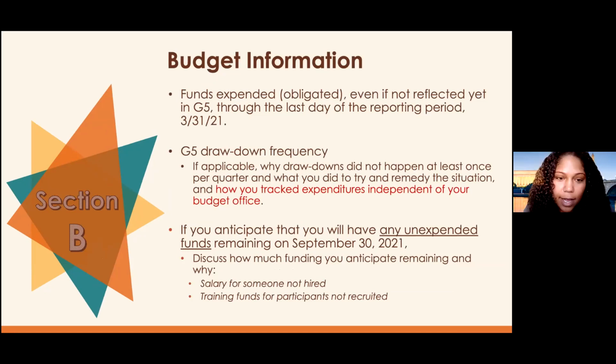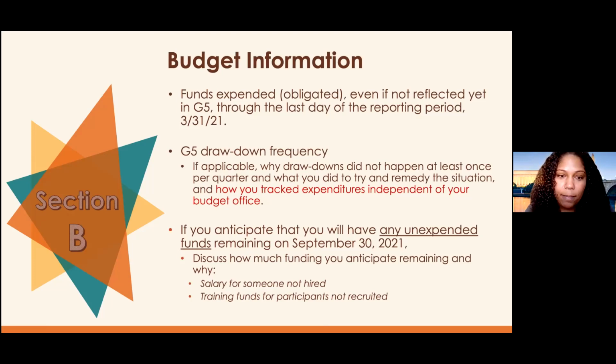Our best practice is to have at least one drawdown per quarter. But we know that working with tribal governments, sometimes there's reimbursement that happens from the tribe, or you might have to submit something. So maybe you're not drawing down quarterly.